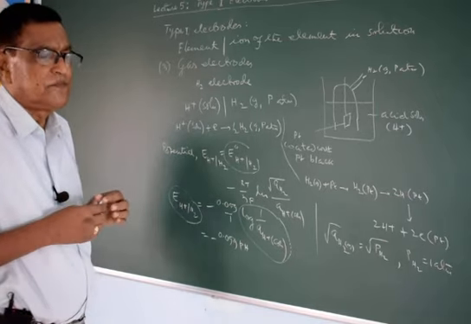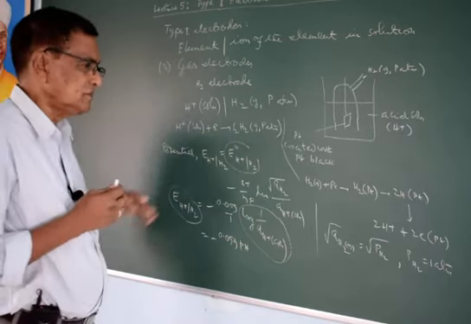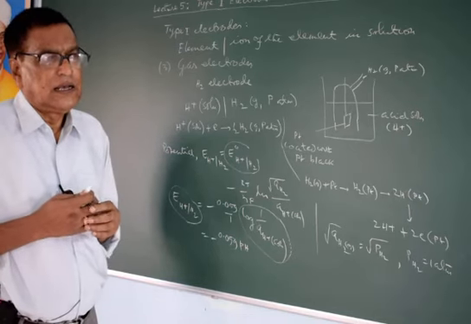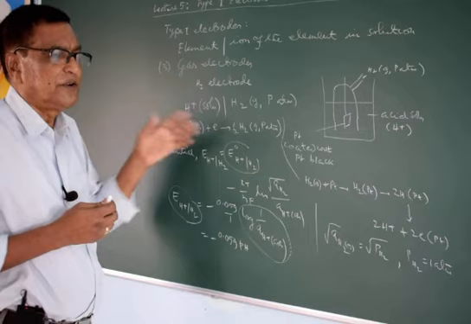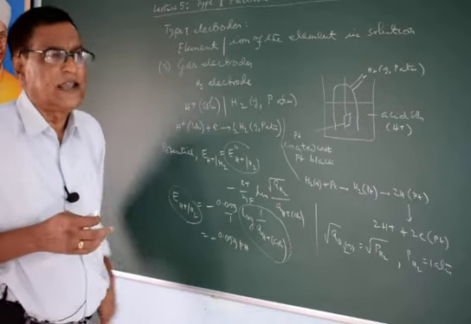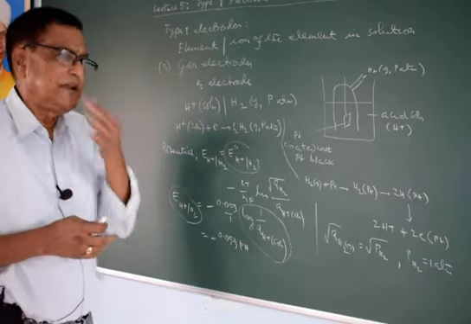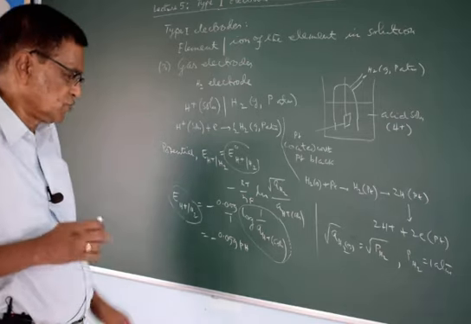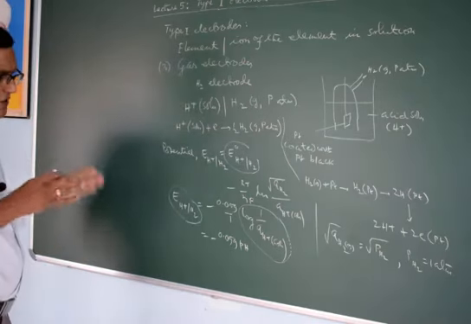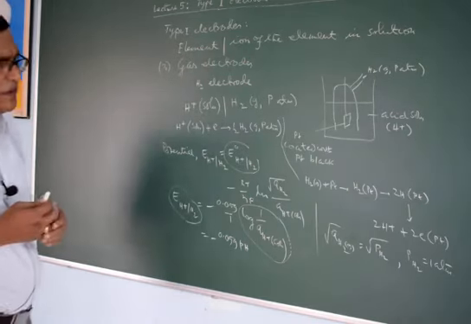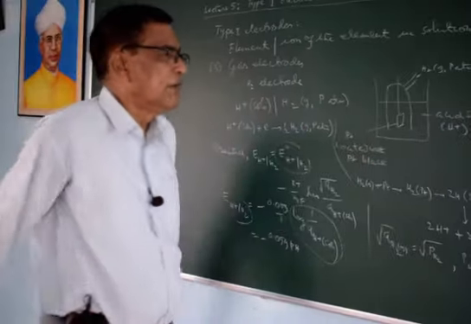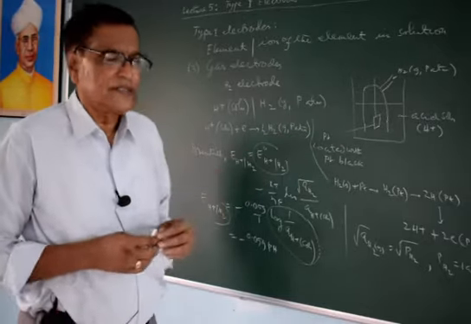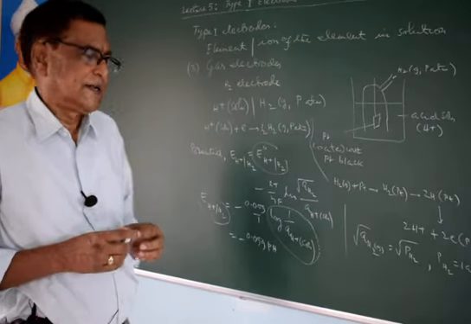Not only that, heavy metals are to be absent in the solutions, otherwise the hydrogen gas will react with the heavy metal and precipitate the heavy metals also. So this electrode is very much useful, though its setup in the laboratory is to some extent difficult.